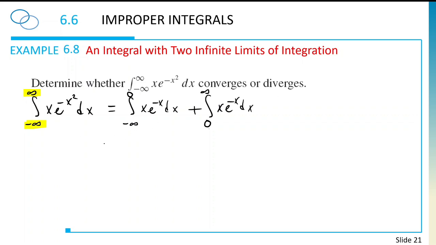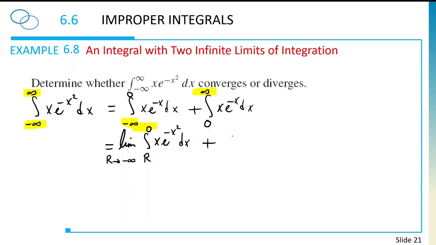So this is equal to what? Now where are the points of issues? That's why I always like to keep track of the points of issues, so you know which one you replace with r. Okay, so this is equal to the limit of the integration from r to 0 of x e to the power of negative x squared dx as r approaches negative infinity.